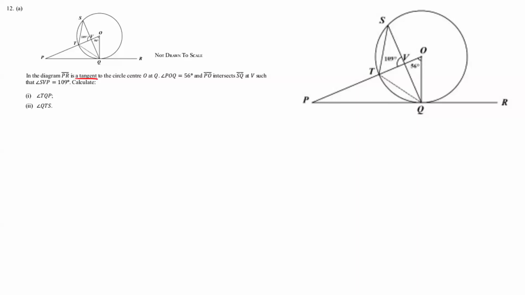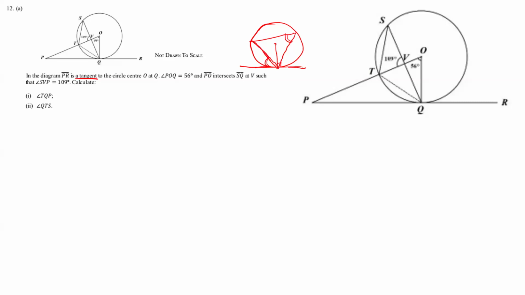If I have a tangent, first of all, a center, the radius and the tangent will meet at an angle of 90. That is one. Another theorem connecting tangents is where you have a triangle sitting on it with all the vertices at the circumference. In that case, we call it the alternate segment angle. The angle here will be equal to the angle here.